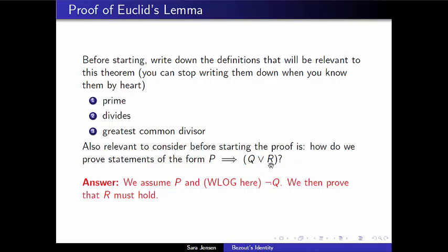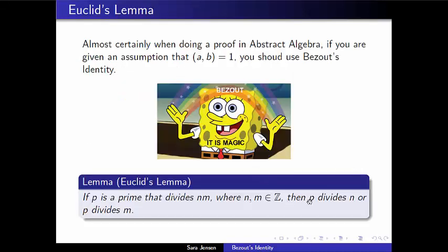So we can make the additional assumption that one of these two things is false. In a general proof, it might be more helpful to assume that one of these things is false over the other, but we have symmetry here. Our OR statement is that P divides N or P divides M. N and M are totally arbitrary, so our Q, which is P divides N, and our R, which is P divides M, are entirely symmetric, and so it does not matter at all.